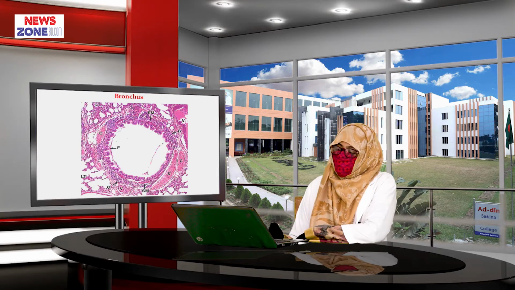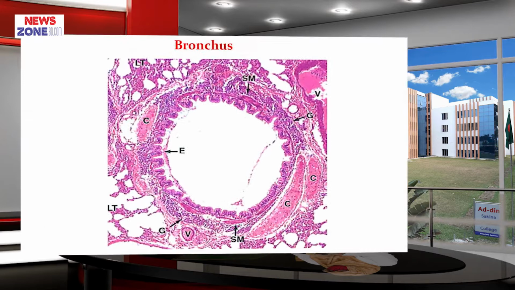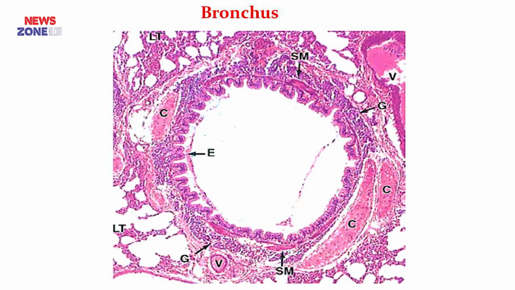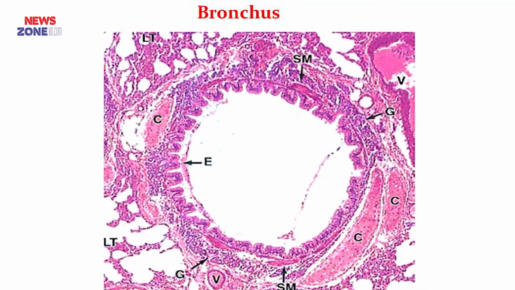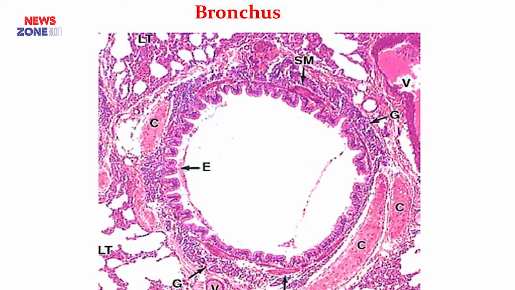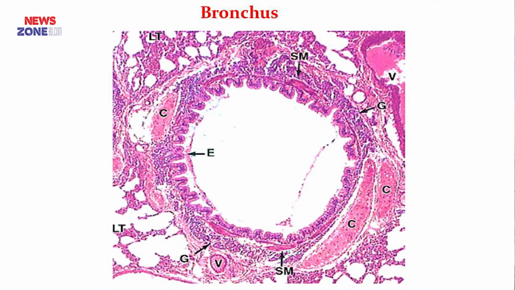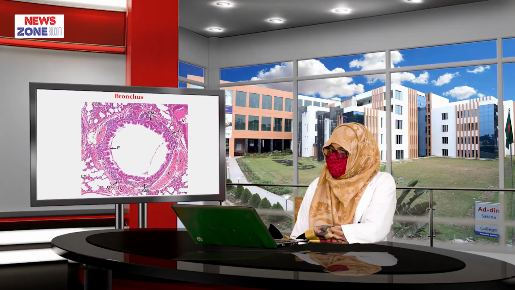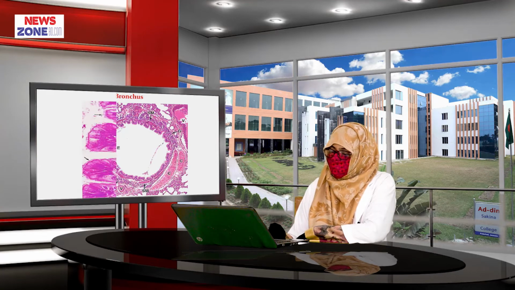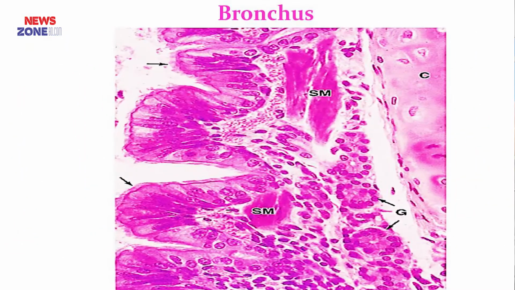In a cross section of a large bronchus, the lining of respiratory epithelium and the mucosa are folded due to contraction of its smooth muscle. At this stage in the bronchial tree, the wall is also surrounded by many pieces of hyaline cartilage and contains many seromucous glands in the submucosa which drain into the lumen. The bronchus is lined by pseudostratified ciliated columnar epithelium with a few goblet cells.